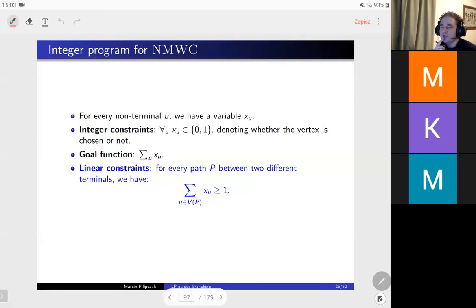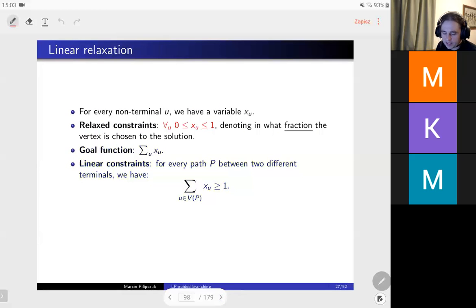So for any path between two terminals, you want to hit it, taking at least one vertex from this path. Now you relax this to a linear constraint, which means every vertex can be taken fractionally into the solution. There can be some weight, or some amount of paint, put on each vertex, and on every path the total amount of weight needs to be at least 1. So this is the relaxation.